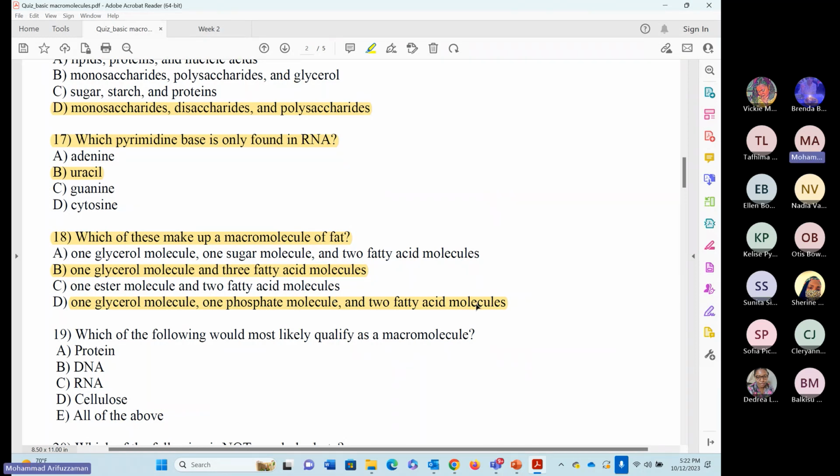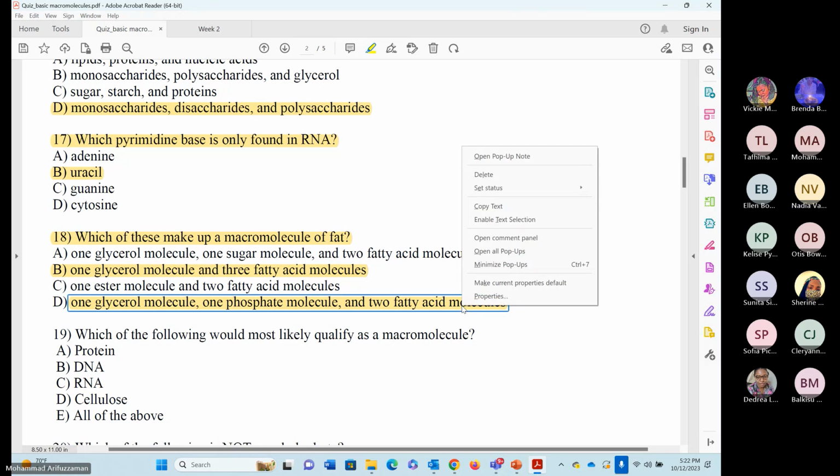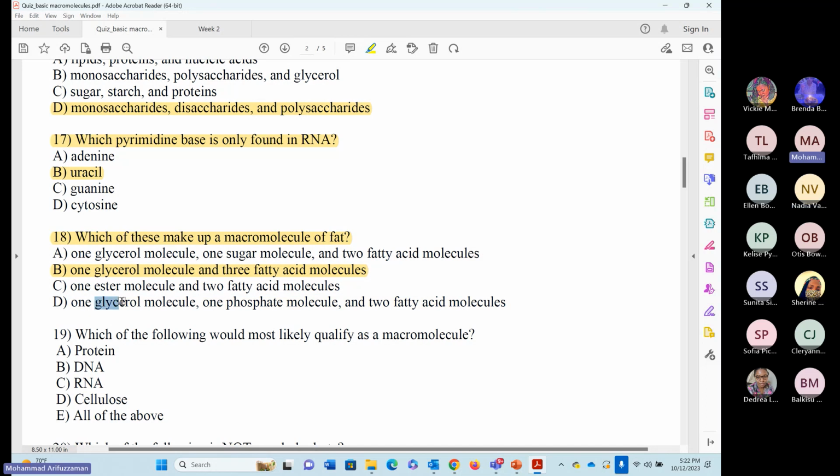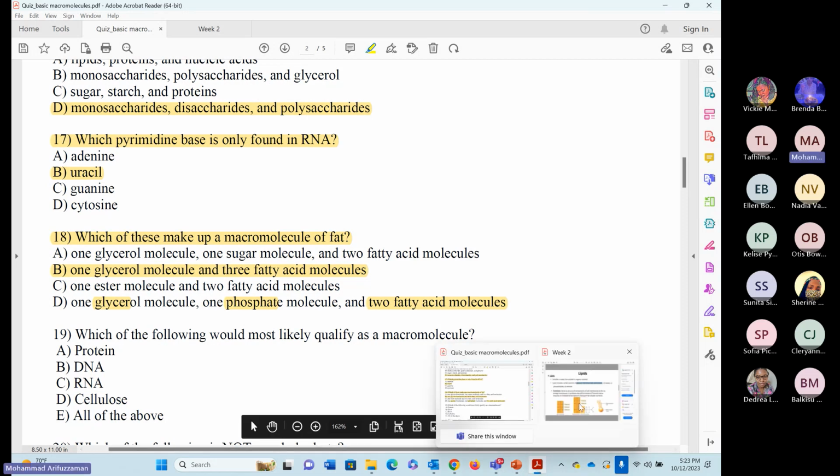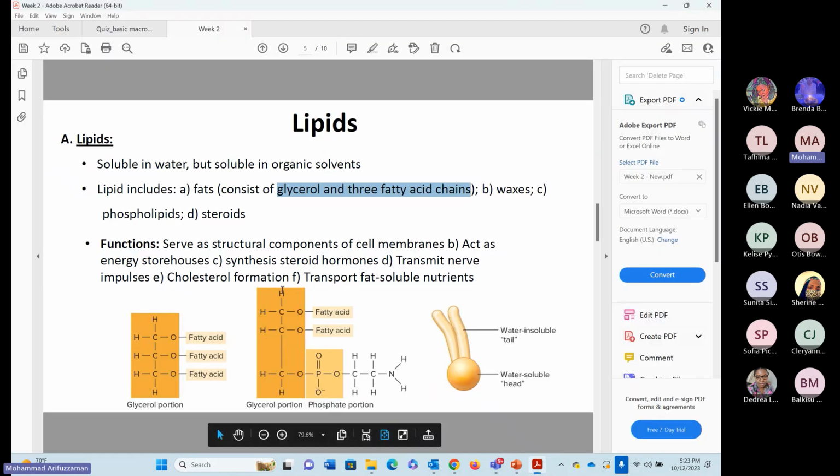What is the name of the organic compound? 1 glycerol molecule, 1 phosphate, and 2 fatty acids, which form the structure of the cell membrane. Okay, look. So 1 glycerol, 2 fatty acids, and 1 phosphate.